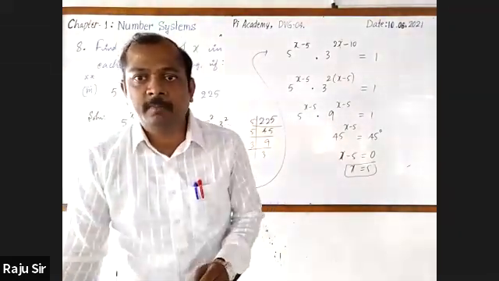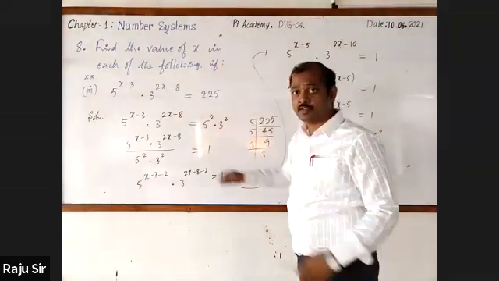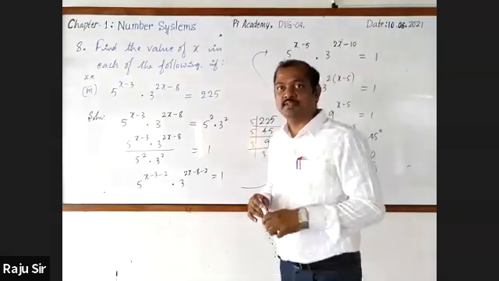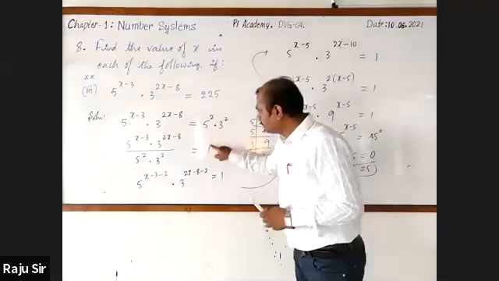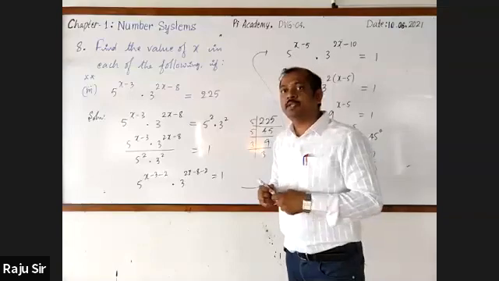Any doubt? Sir, in the RHS, when we take the RHS to the denominator, why should it be taken as 1? It can be taken as 0, no, sir? I'll clarify that. Let me tell you what happens if 0 is there.